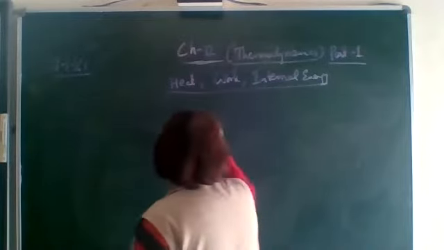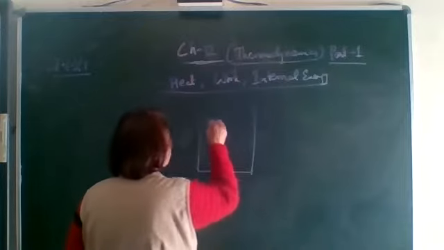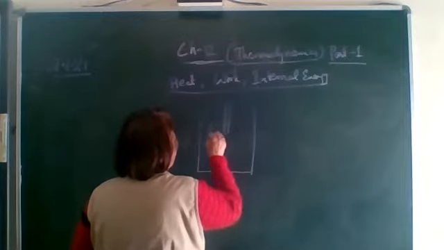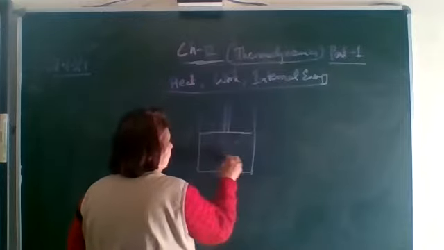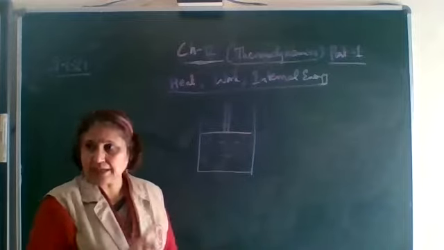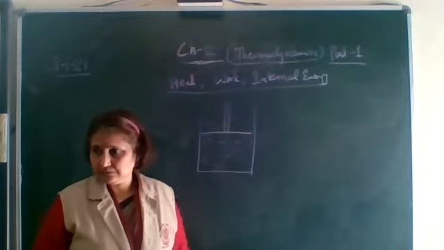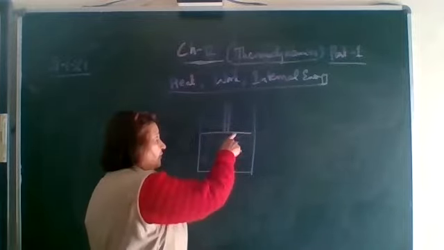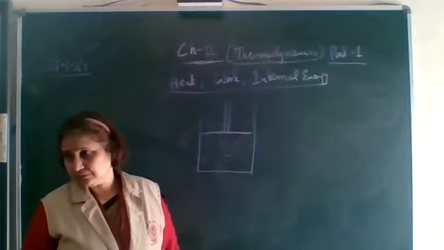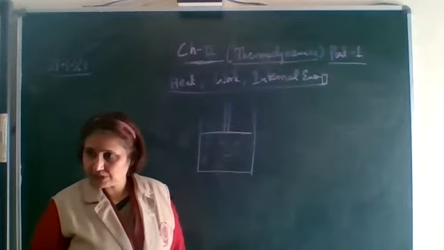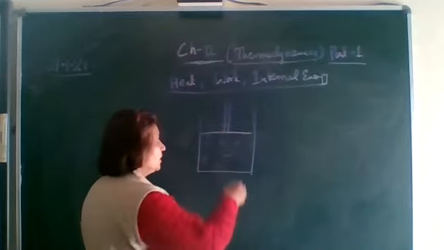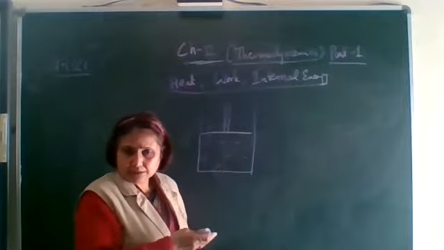Okay, we'll find the expression of the work done. Next, a system is in a cylinder. That is, a gas is taken in a cylinder which is fitted with a frictionless movable piston. Now a force is applied.